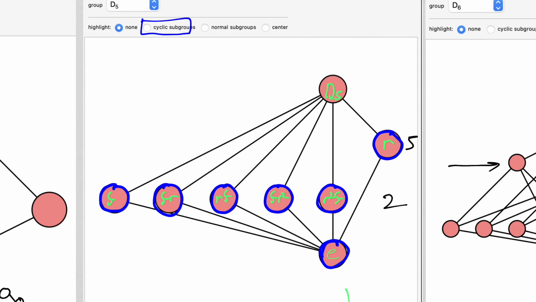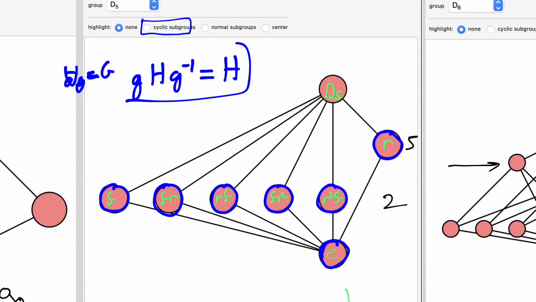What we're looking for is some subgroup H such that H is equal to all of its conjugates, so for every g in the group this has to be true. And you can test that for each one of these.